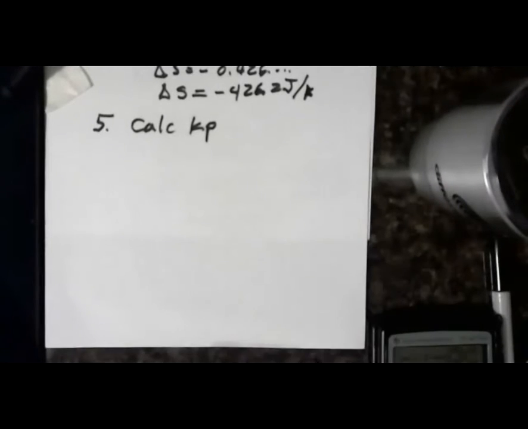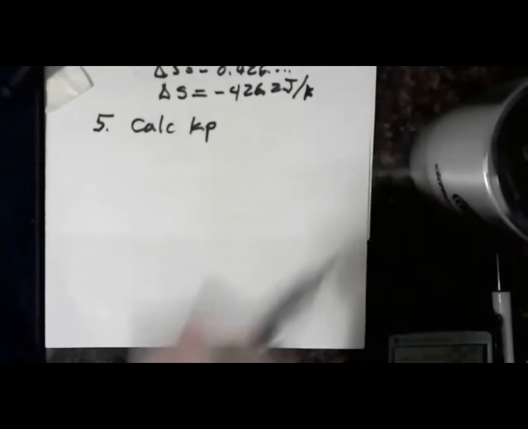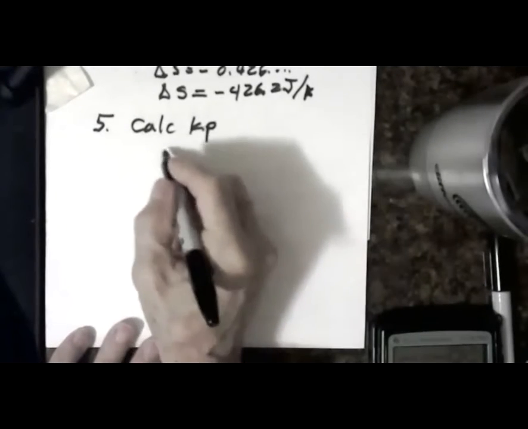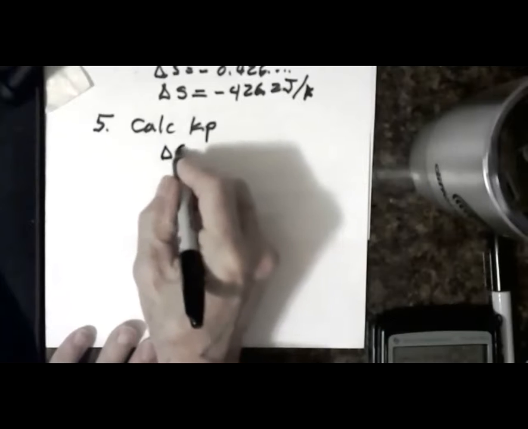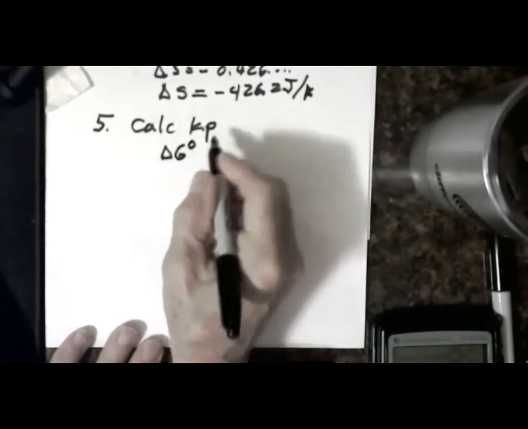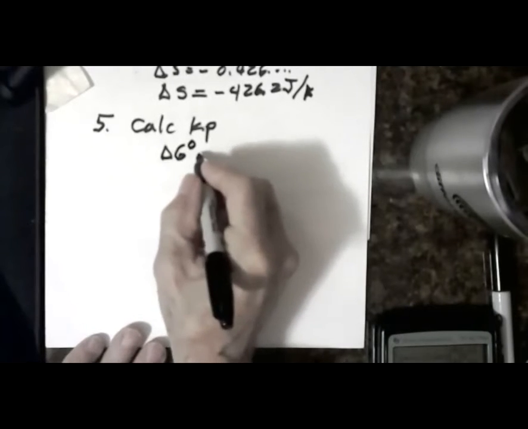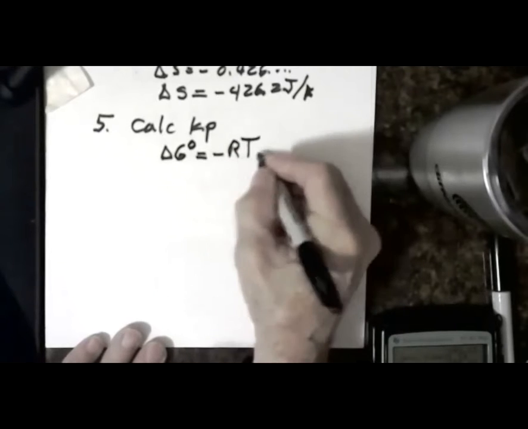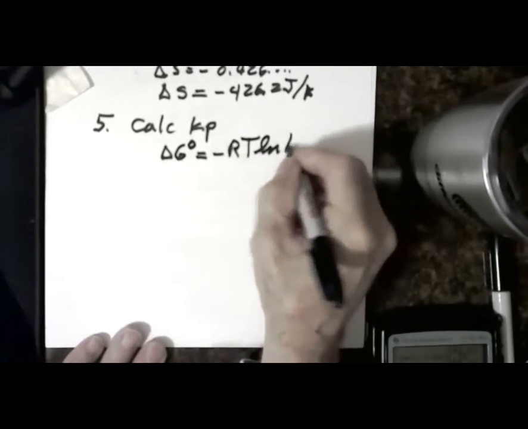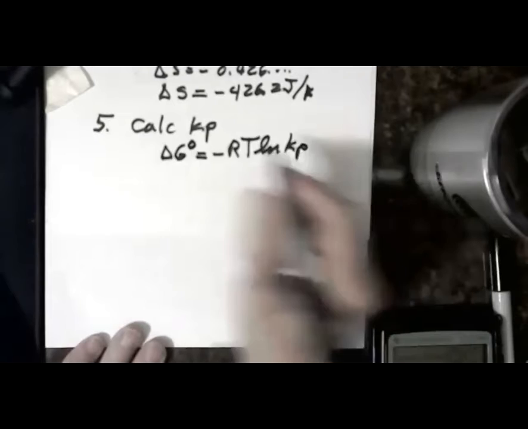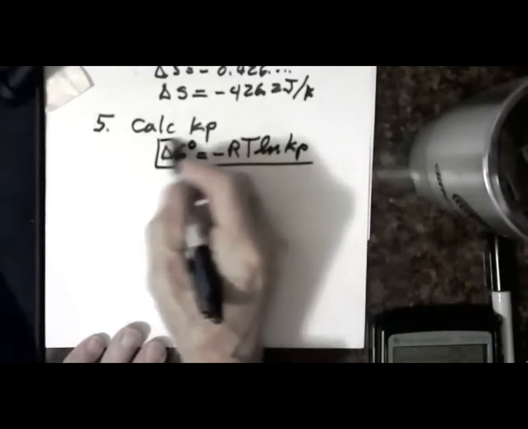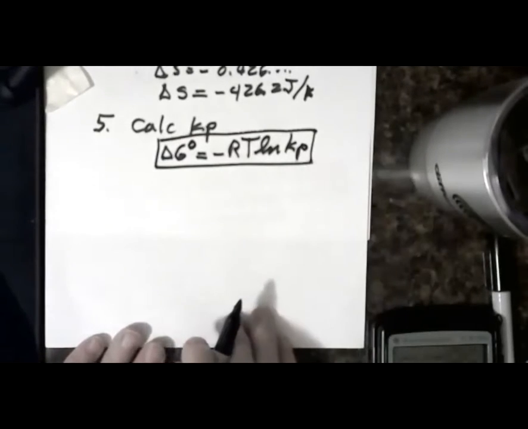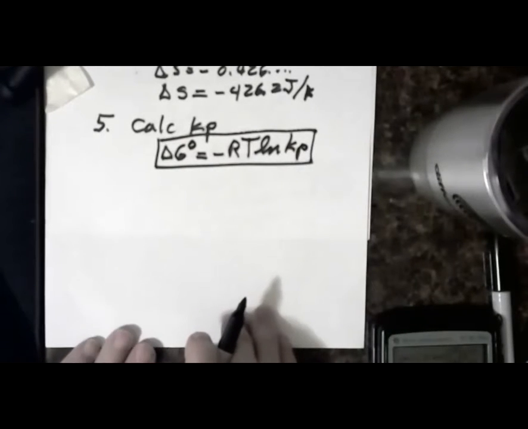Now, what's the relationship between Kp and what we have up in the data? Delta G superscript, now that does need to be the superscript, is equal to minus RT ln of Kp. So that's the relationship that was derived in lecture, and that's what we're going to need to use here.